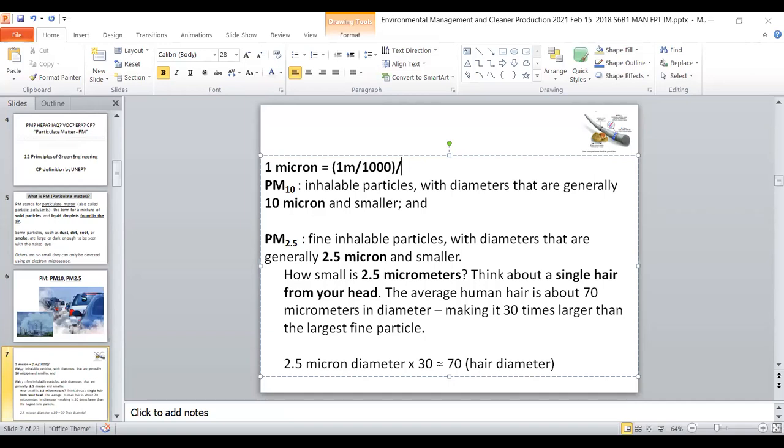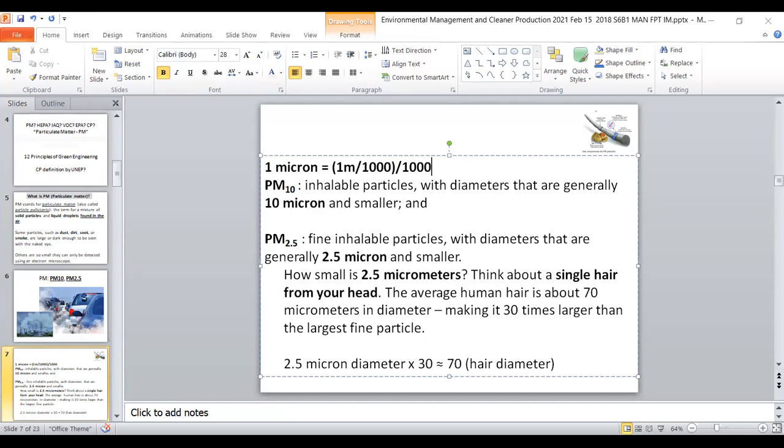When you divide 1 millimeter by 1000, this is one thousandth of a millimeter. Imagine on your ruler, think of 1 millimeter, divided into 1,000 pieces.